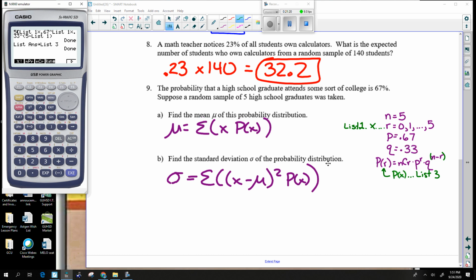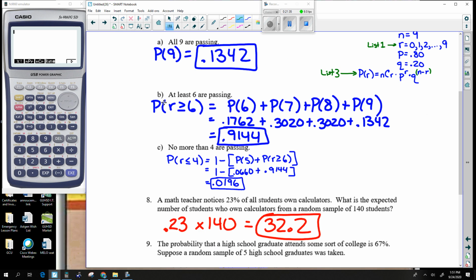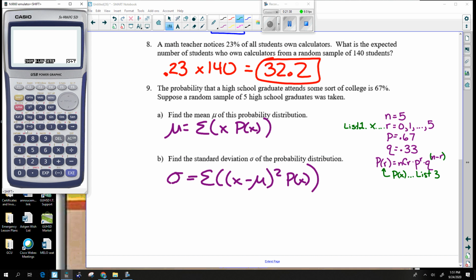Alrighty, so now I have X, which is list 1. And I have P of X, which is list 3. So just like I did right back here, same idea. So here I have the sum of X times P of X. I'm going to store that as the letter mu.